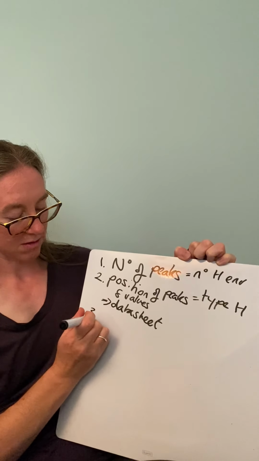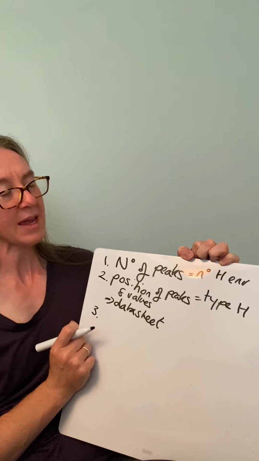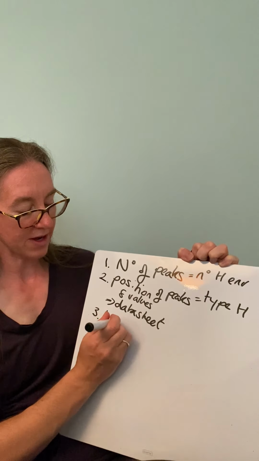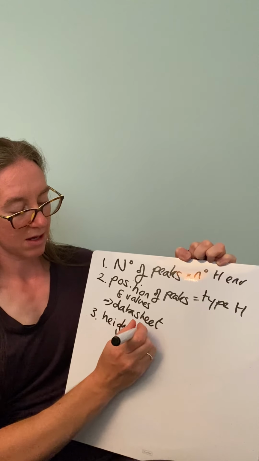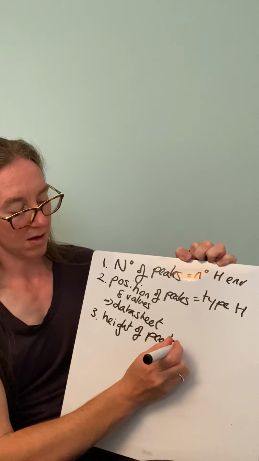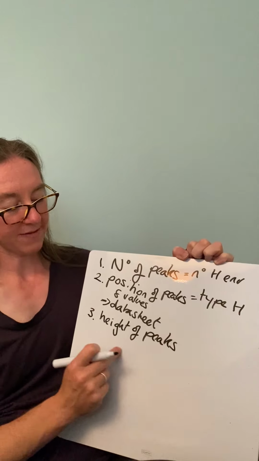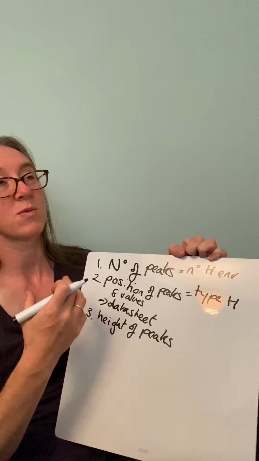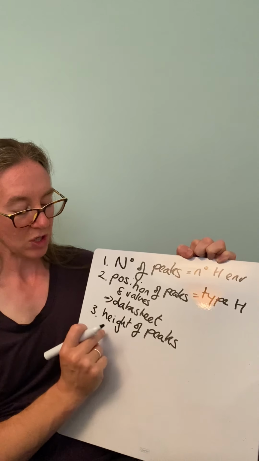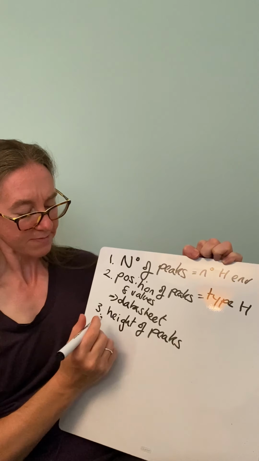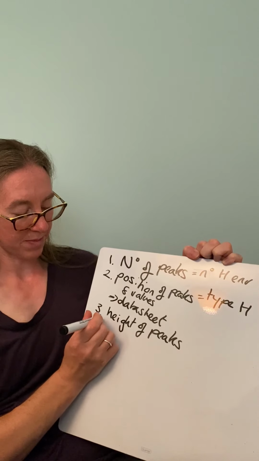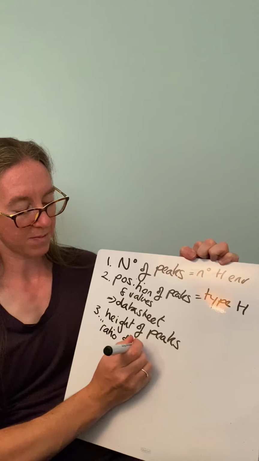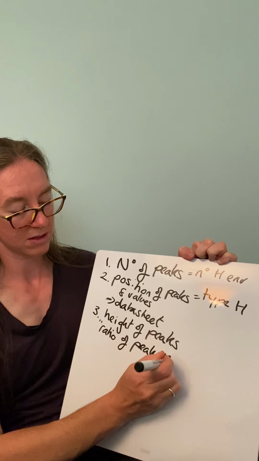The third thing that we could look at is essentially, I'm going to write the height of the peaks, but that's a bit of a kind of lazy shorthand. That's what we usually do, but that's not how we're supposed to phrase it. So you look at the height of the peaks. Really, we're supposed to look at the ratio of the peak areas.